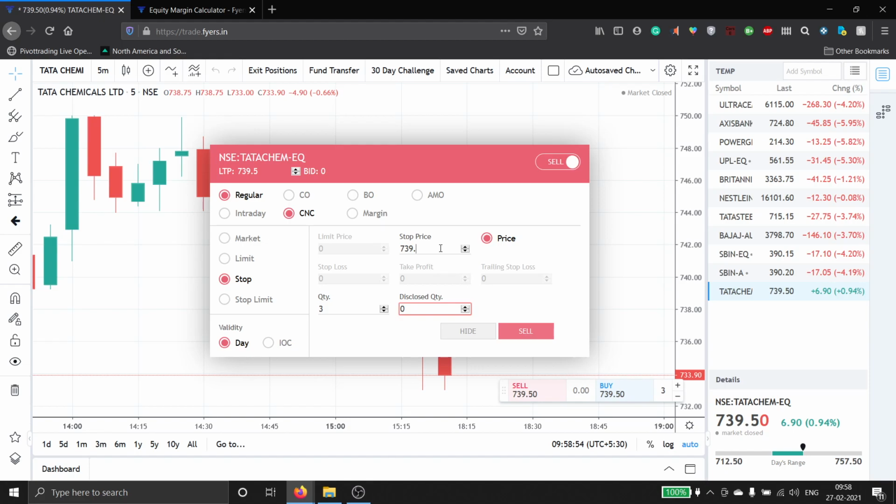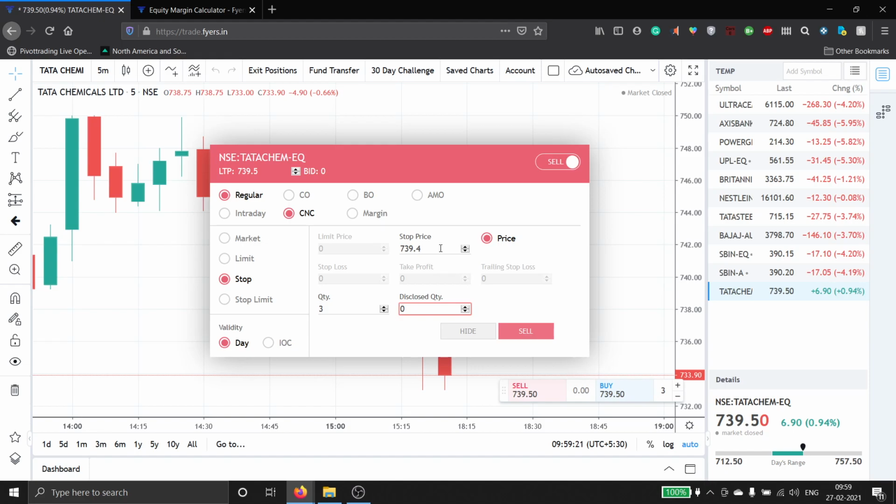If the market goes down, you want to put a stop loss, so it sells automatically if the price hits 739.40. You have bought the stock at 739.5, now you want to sell at 739.4 if the price hits that. That means you are putting a stop loss to your price, right?